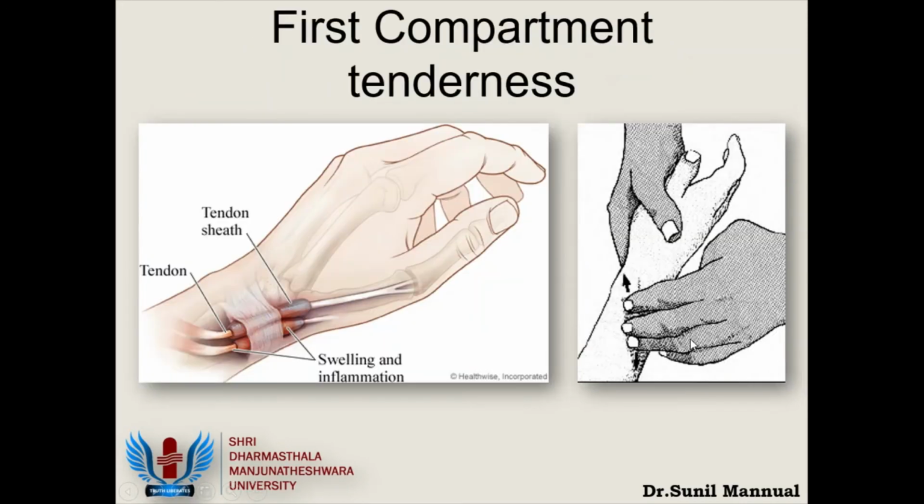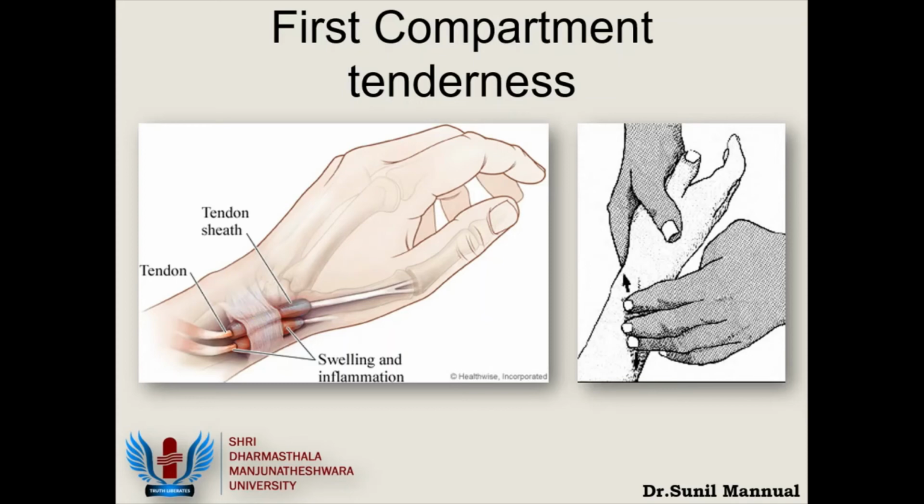The other thing that you want to palpate is the first compartment for tenderness. I again showed you the 6 compartments on the dorsal side of the wrist, and I told you that in the first compartment there are 2 tendons, the extensor pollicis brevis and the abductor pollicis longus.